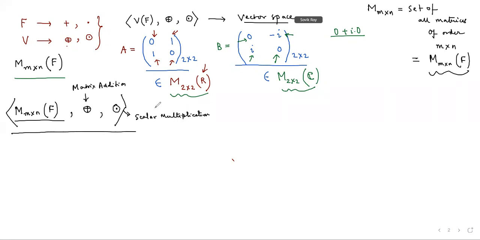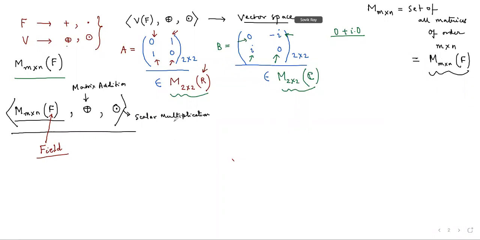That we have to consider. Here the assumption that I have made is this: since I'm giving you the problem in a general sense, I'm considering that this capital F is any field. It can be the field of real numbers, it can be the field of complex numbers, it can be the field of rational numbers.